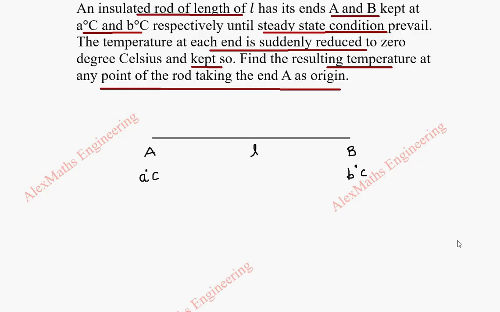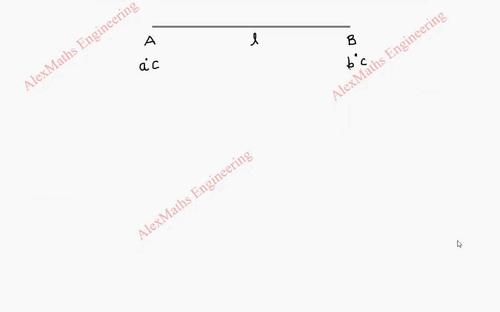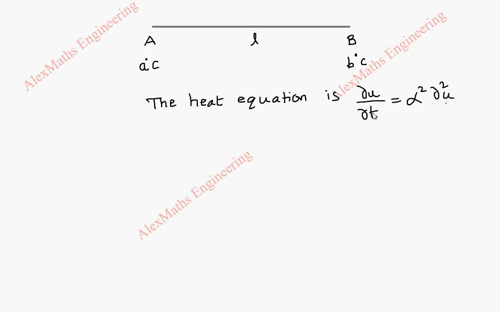Now let's take the heat equation. The heat equation is dou U by dou T equal to alpha square dou square U by dou X square. Now we have a steady state condition.